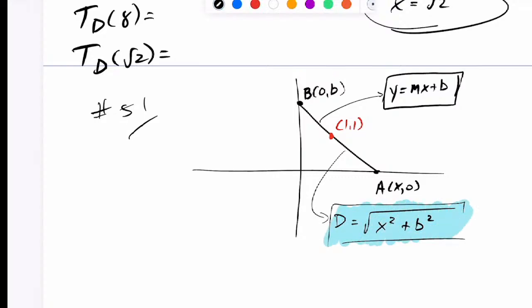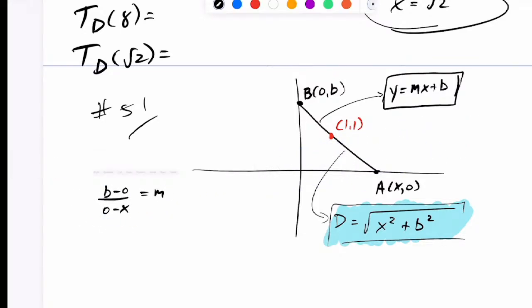And I need to get rid of one of these variables. I haven't used my slope equation yet. If I do my change in y over the change in x, that's equal to the slope, which in this case is m. So I need another relationship here.